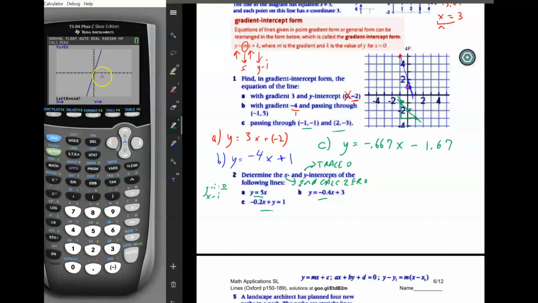So take the cursor, move it a little bit to the left of where it crosses the x-axis, press enter, and then it asks for the right bound, move it a little bit to the right of where it crosses the x-axis, you press enter, and then it asks for a guess. It only crosses the x-axis one time between those two, so the guess doesn't really matter, so you just press enter again, and it tells you that the place where it crosses the x-axis is x equals 0.